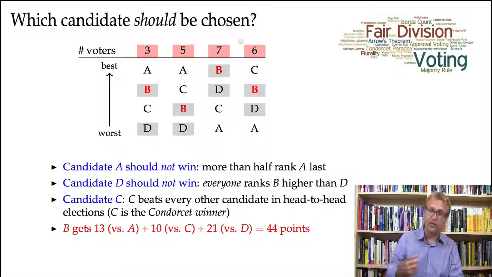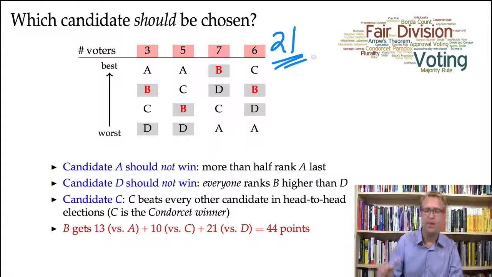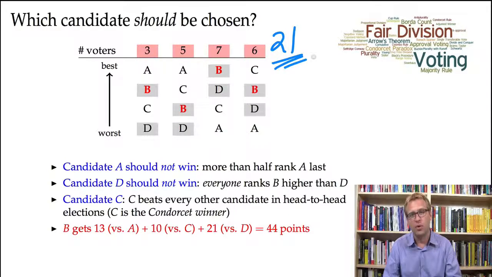And now against Dora, we mentioned this earlier in the slides, all 21 people prefer Bob over Dora. So Bob gets lots and lots of support against Dora. He gets a bit of support against Charles. He loses in a head-to-head election against Charles, but he gets a bit of support. But against Dora, he gets overwhelming support. Everybody supports him over Dora.